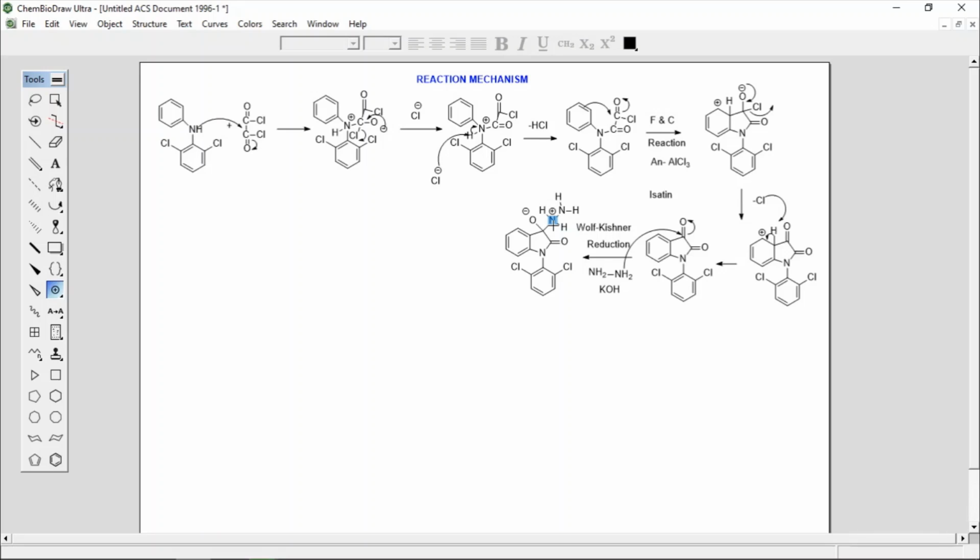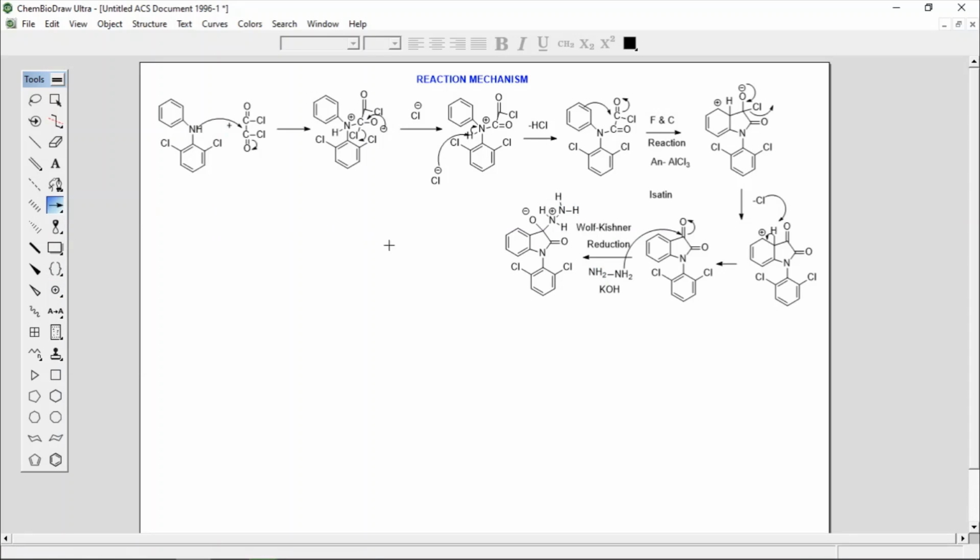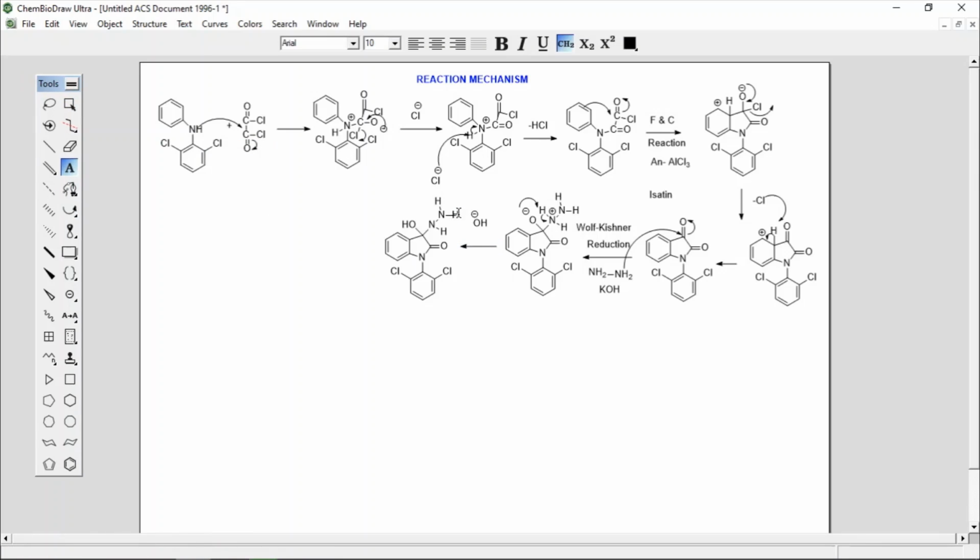And the next step, what happens? You are using a base, so the next step is simply a dehydration reaction. You are using base, that is KOH, and the role of this base is to abstract hydrogen.